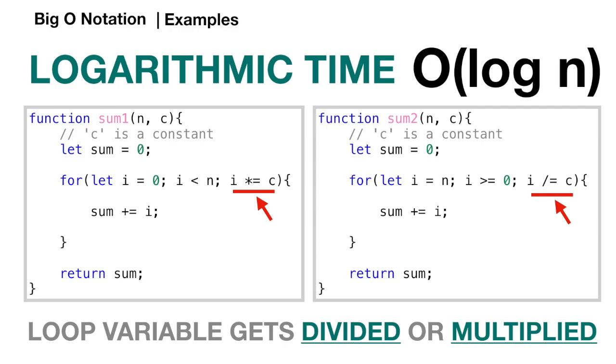While iterating through the list of elements, the for loop index number gets multiplied by the constant number, which forces the loop to skip certain elements. The second function sum2 skips the elements by dividing the index pointer value. When we encounter such algorithms, their complexity is almost always big O of log n.